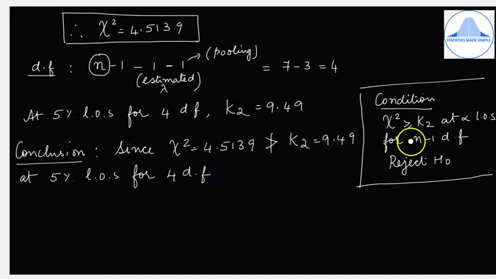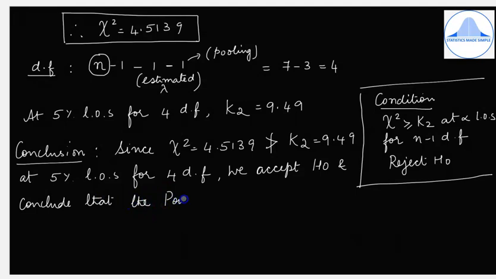If it was greater, we would have rejected. Because it is not greater, we accept H0. When you accept H0, you should write what you have written under H0. So conclude that the Poisson distribution is a good fit to the given data.